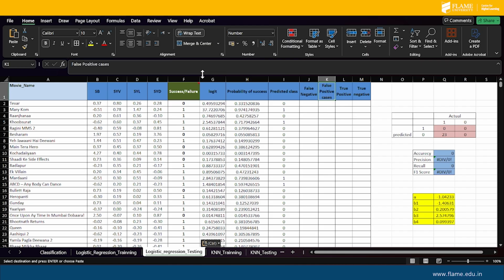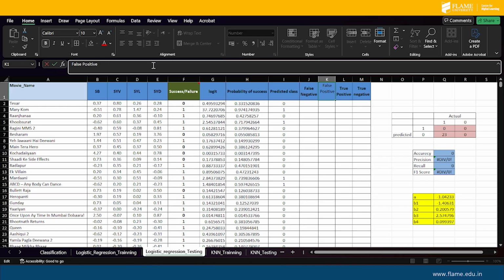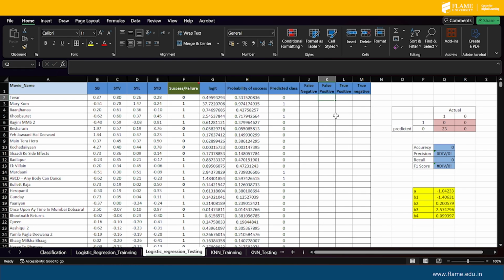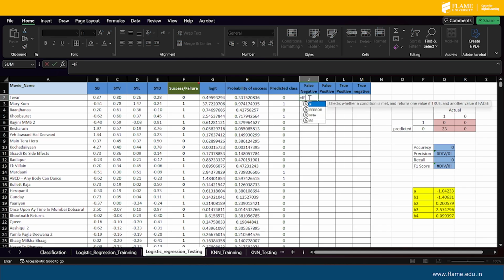Here we can use the same IF calculation for this. So let's say equal to IF, for false negative, if a case which is 1 is predicted as 0, then it is false negative. So in that case, if it is a false negative, definitely that one case is predicted as 0.